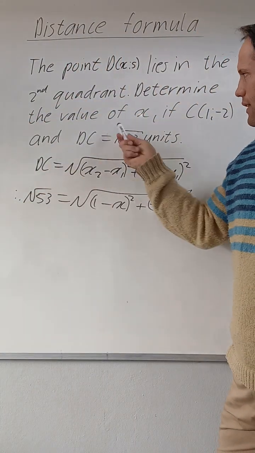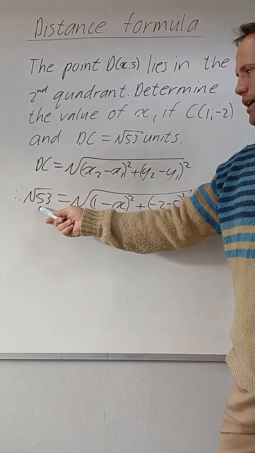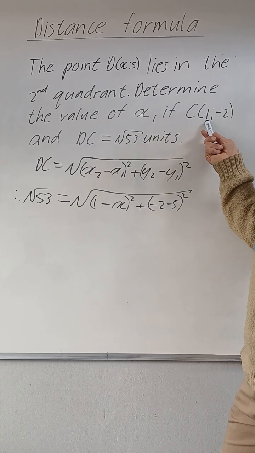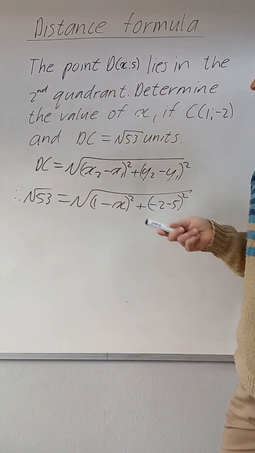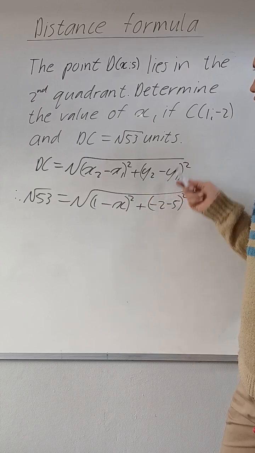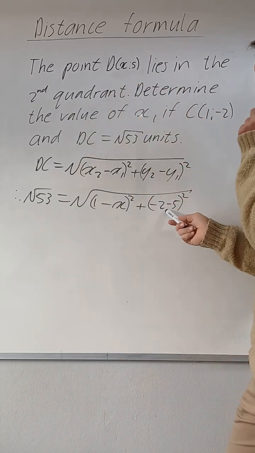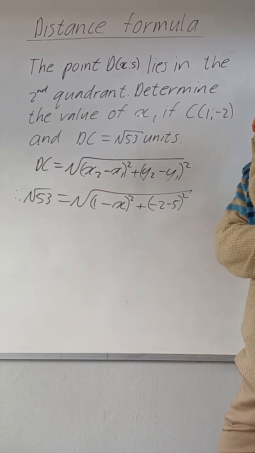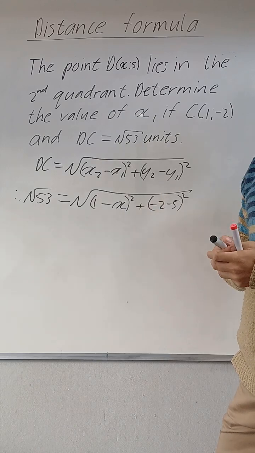DC is the square root of 53, it's given. x2 minus x1 is 1 minus x, squared, plus y2 minus y1, negative 2 minus 5, squared. So we just substitute what we have. Everybody happy? Now we need to simplify and solve for x.